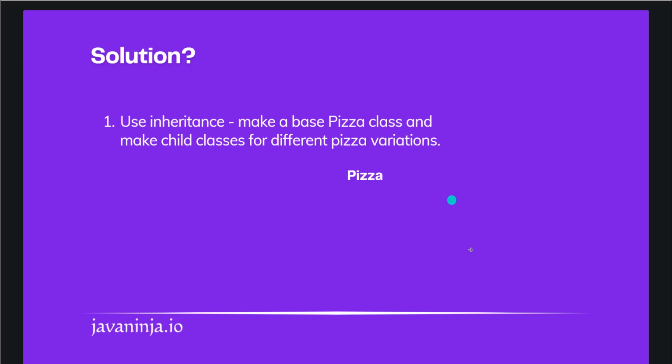Let's make a base pizza class containing the basic properties what we had seen before. Now we will make a child class cheese pizza. It will contain cheese attribute. So if I override this behavior, now this cheese pizza class effectively contains crust, sauce and cheese.